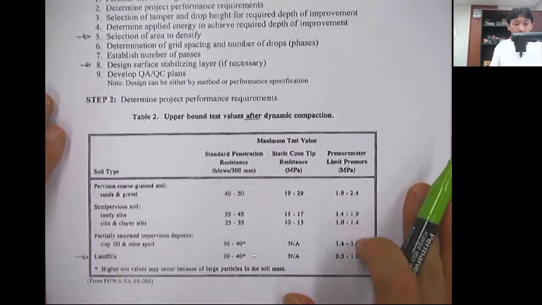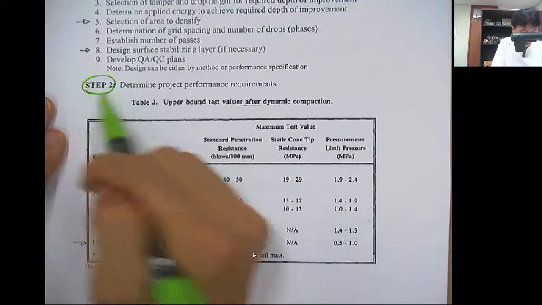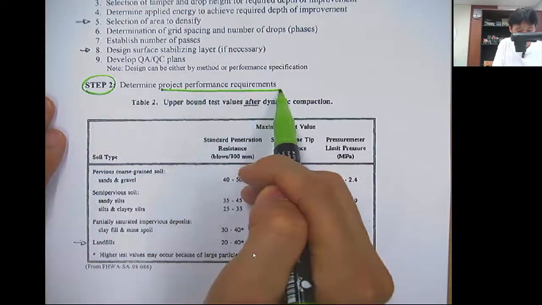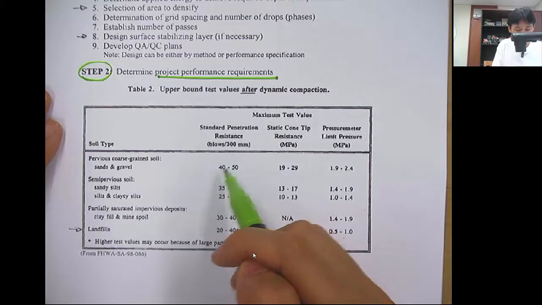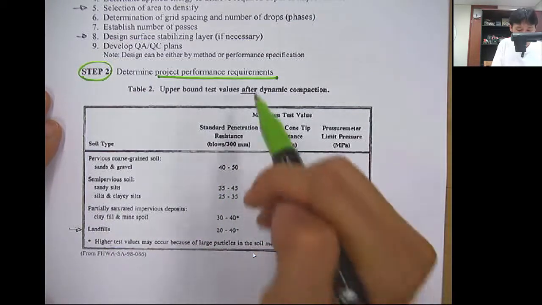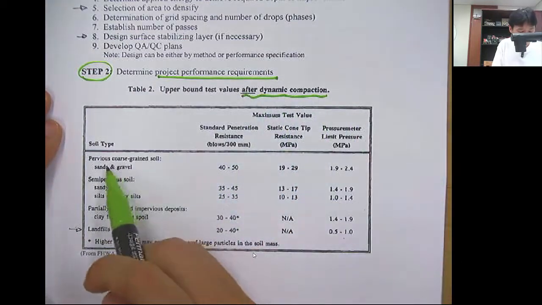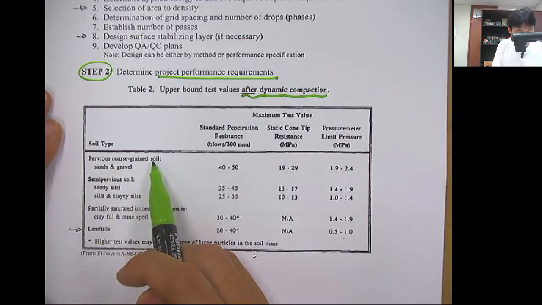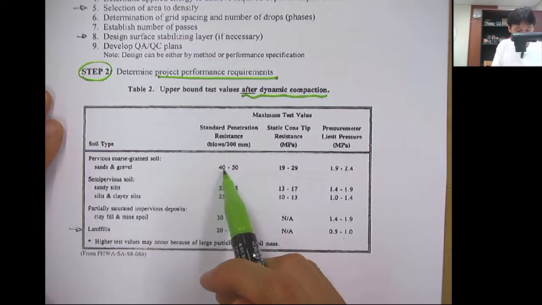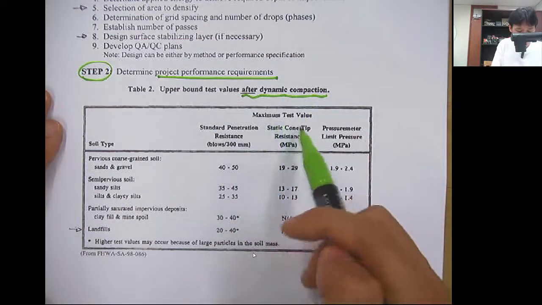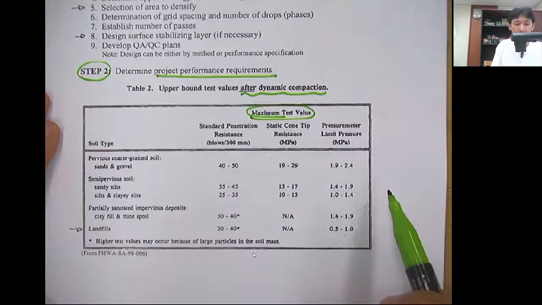So move on to step 2. You determine the project performance requirements. So this shows the SPT N value after the DCC. After DCC, if the previous soil is coarse-grained, then the SPT value should be about 40 to 50. This is the upper value, the maximum test value.